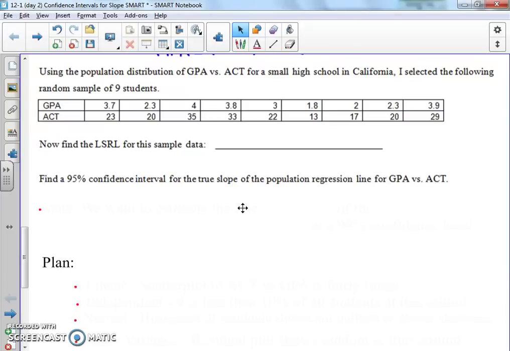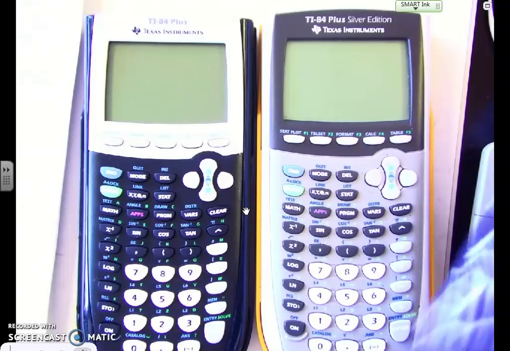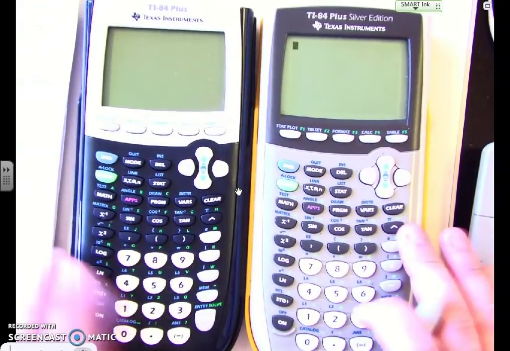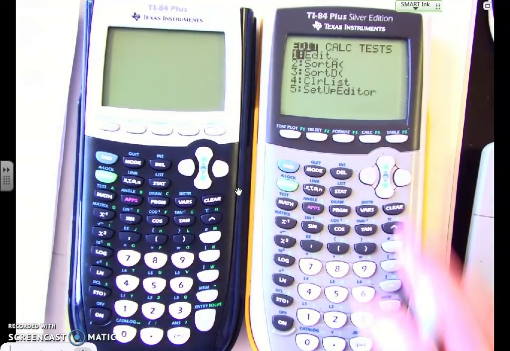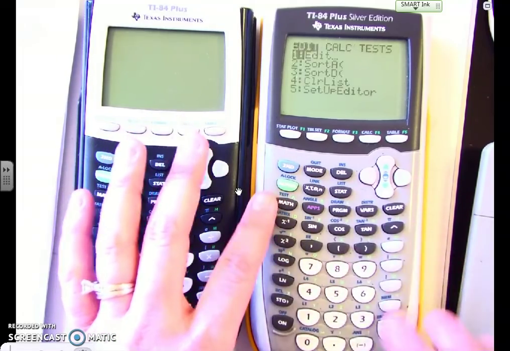So what we're going to do is go back to our calculator. There we go. And I'm just going to do this in one of the calculators. So in the calculator, I'm going to go to Stat Edit. Actually, let me clear all those out.